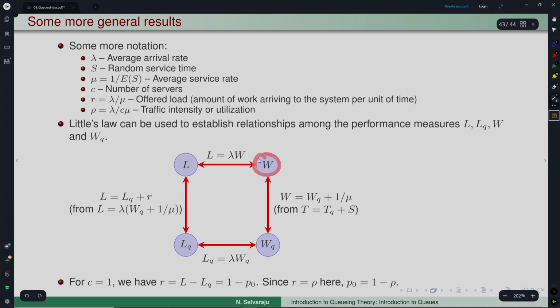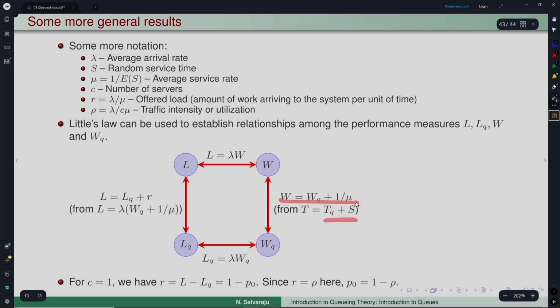Suppose L and W are related in the normal sense by L equal to lambda W. Now, W is basically the expectation of T, the system time, the mean sojourn time, consisting of mean queuing time plus mean service time, because my T is the time I spent in queue, which is TQ, and the time I spent in service.